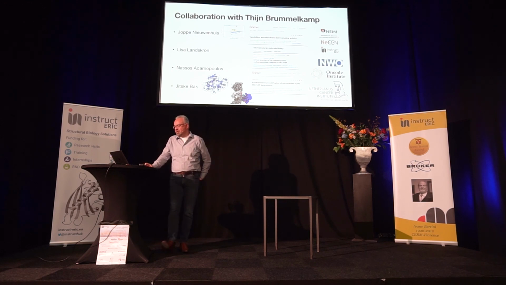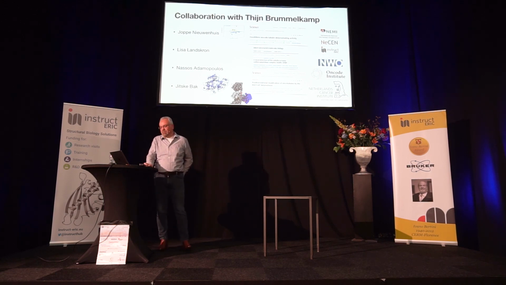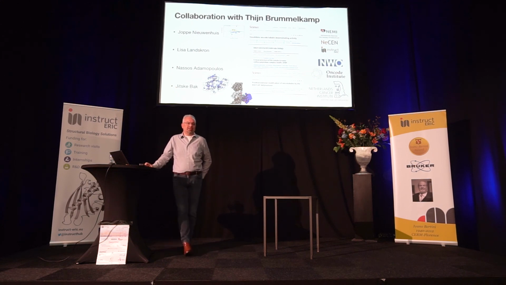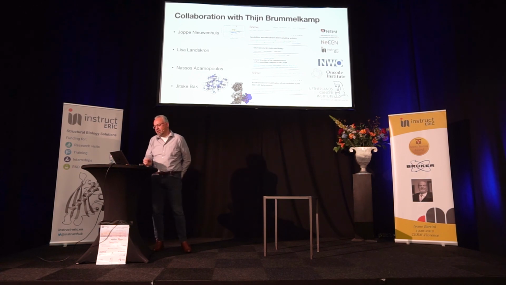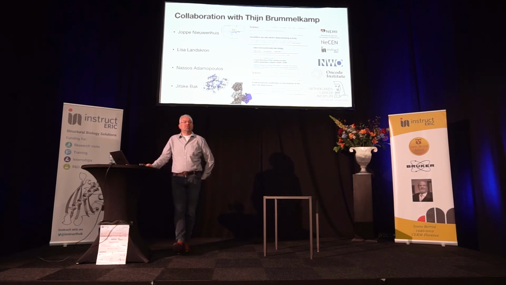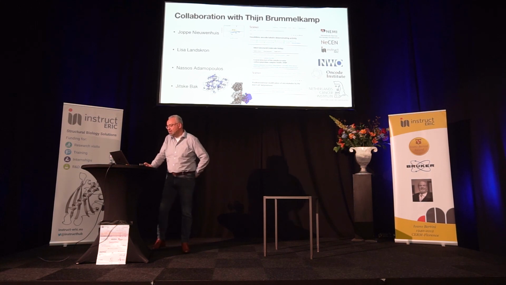Lisa Langstraat was a postdoc that joined Tijn's lab after Joppe left. She teamed up with Nassos for the mutagenic analysis of VASH1-SVBP, and she worked very closely with Jitske, who did the cryo-EM and the crystal structure refinement, and collaborated quite a lot with Lisa over the past few months.